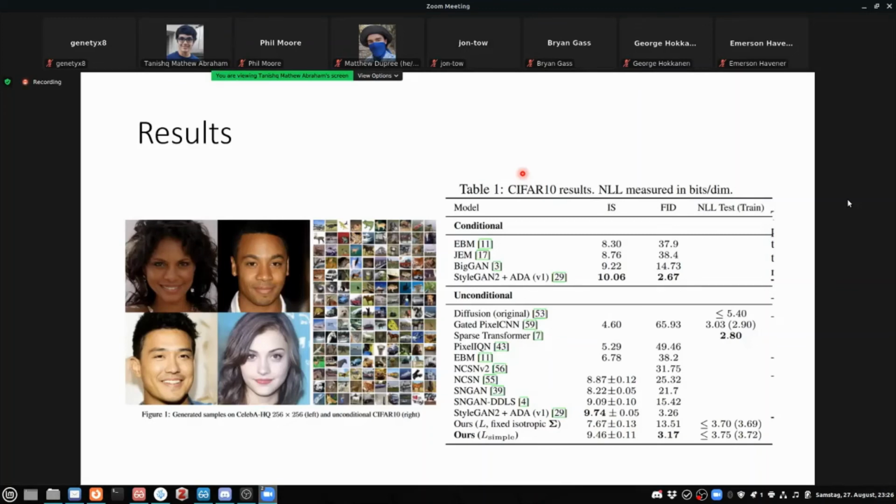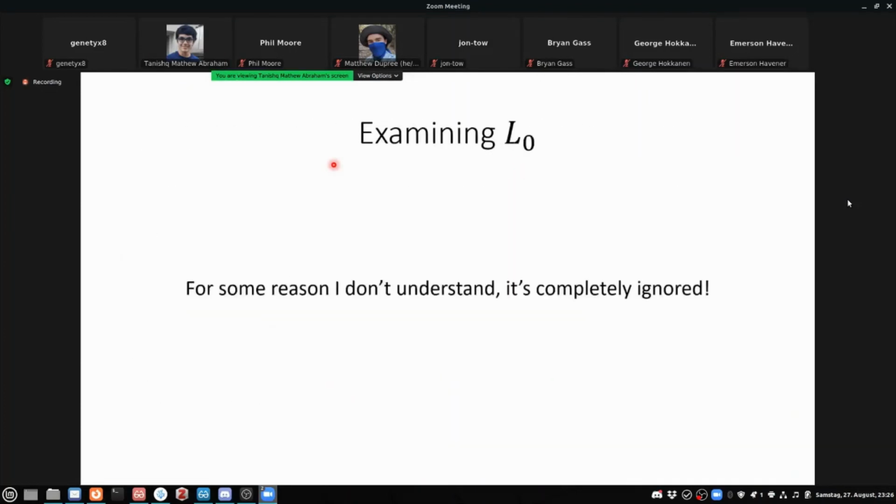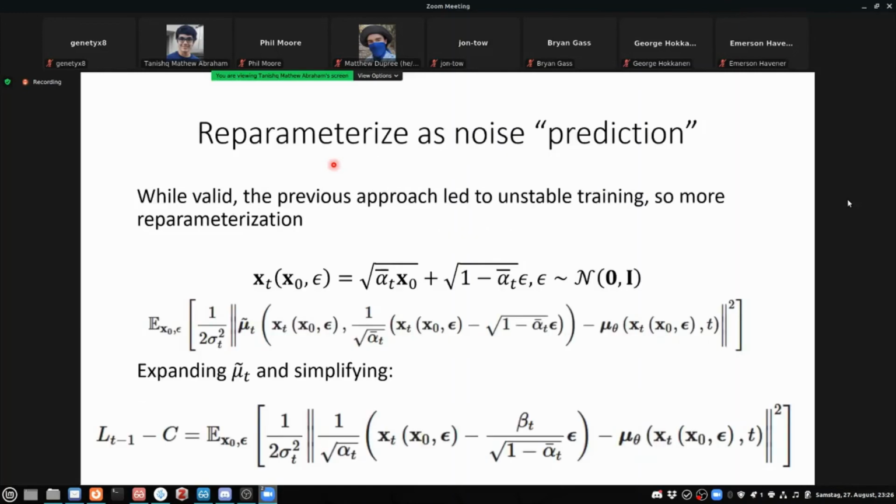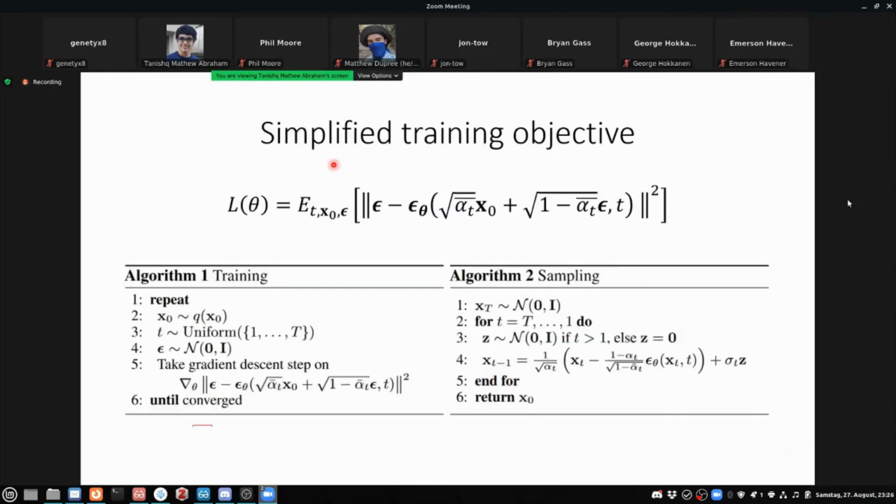Because that's probably the single biggest thing in this paper that was responsible for the quality. If you simply look at that FID table, you'll see that the L simple model is the one that does way better. But I think that's because the L simple model comes from those variance assumptions, and I don't think the other paper had those assumptions.